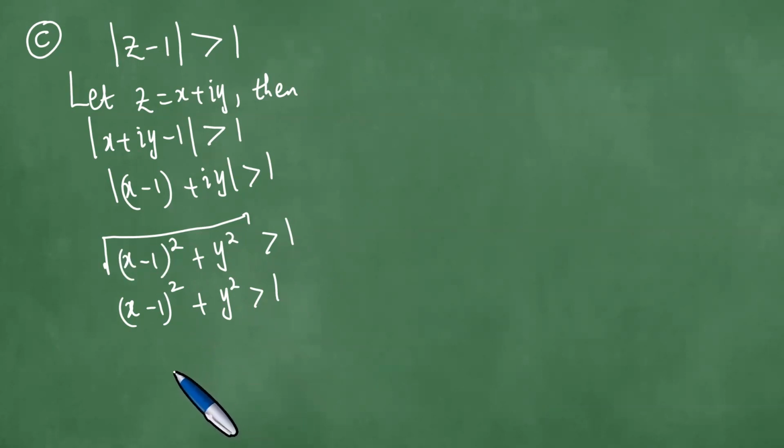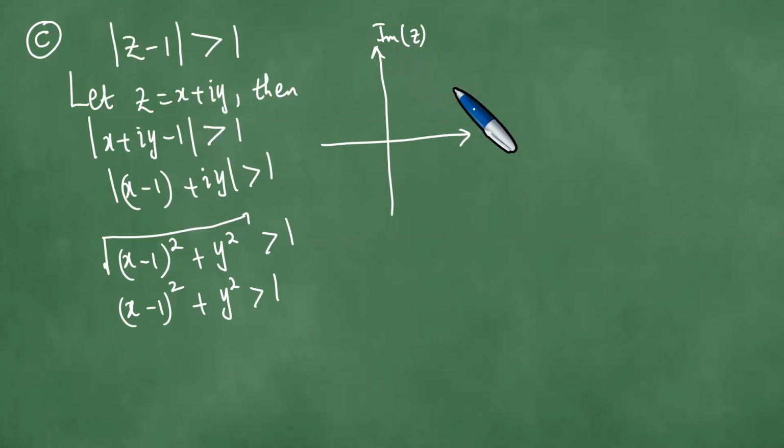So this region, we can graph it like here. Imaginary z, real z. Okay, so x is 1, and y is 0.